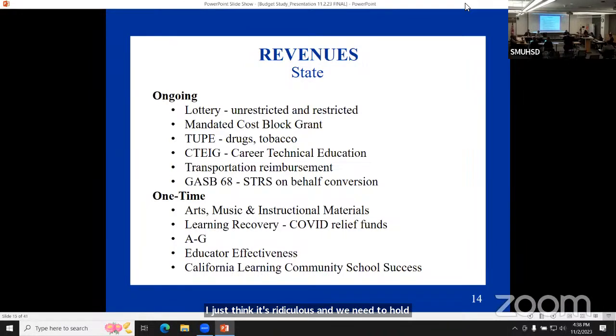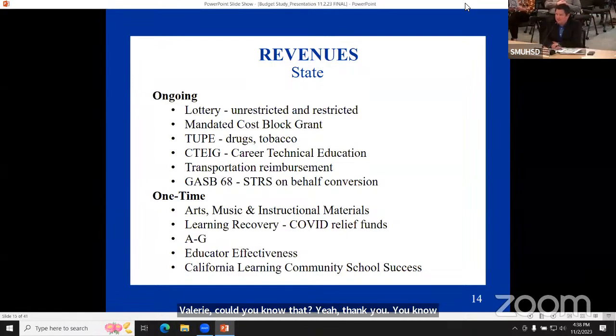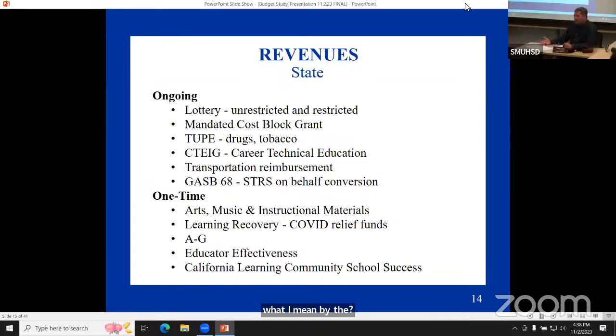So can you confirm with me the Prop 98? I would love to know if it's part of it or not. Valerie, could you note that? Do you know what I mean, if it's included in the minimum percentage, because it's like an artificially inflated number. And so I'm just curious because then we're really not getting what we need. And then they're saying, well, we're giving you the minimum. Exactly. And I will say which is not even the minimum that they're supposed to have.